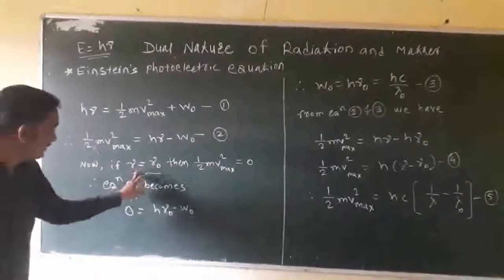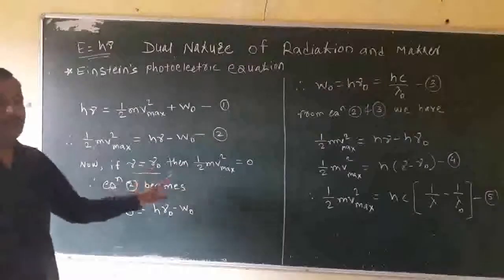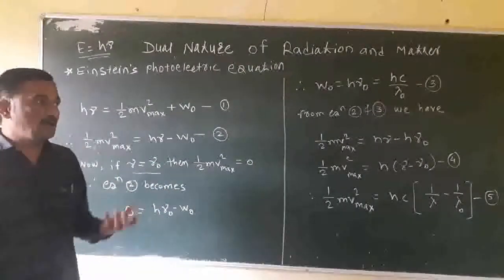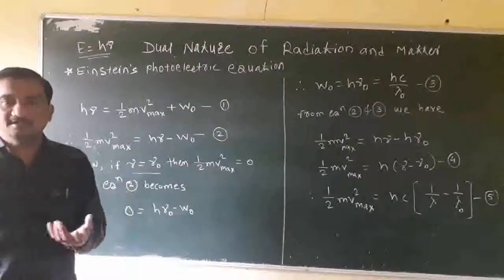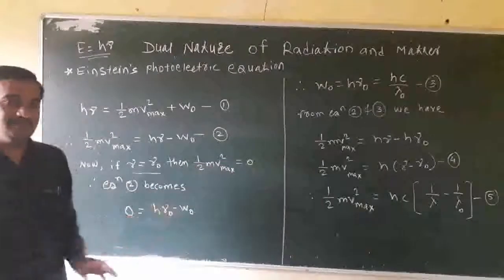Therefore, if nu equals nu 0, the frequency of incident radiation is equal to the threshold frequency. Threshold frequency means the minimum frequency required to free the electron from the metal surface. Then the maximum kinetic energy is 0.